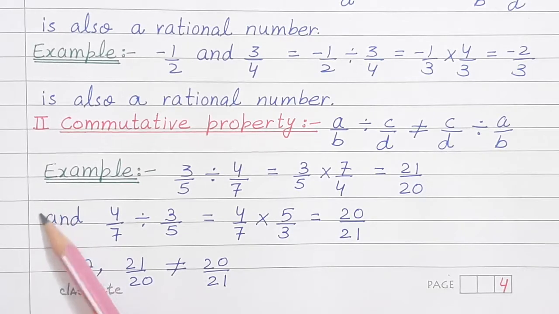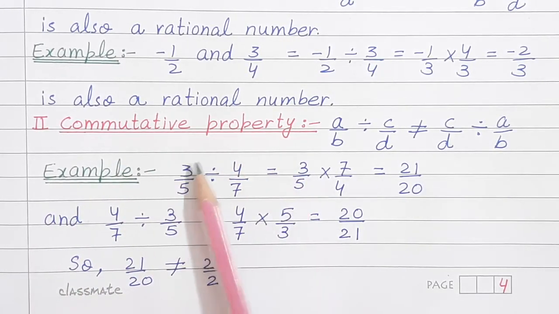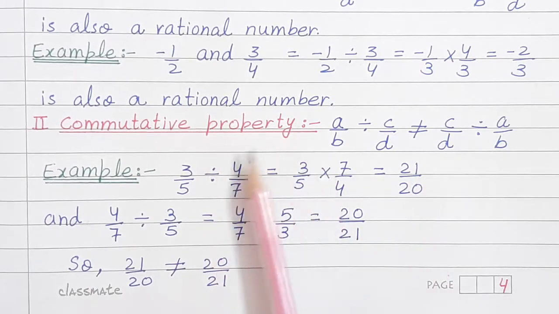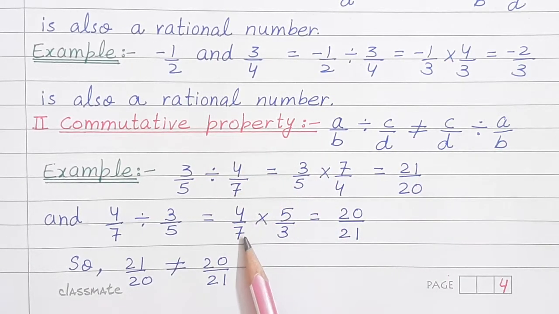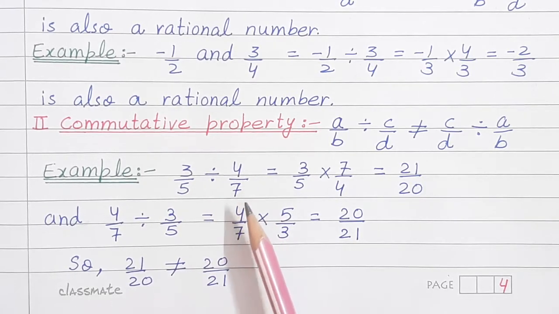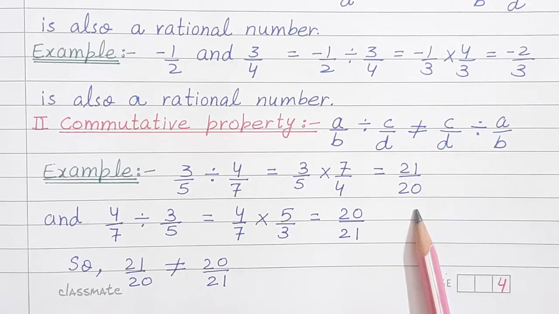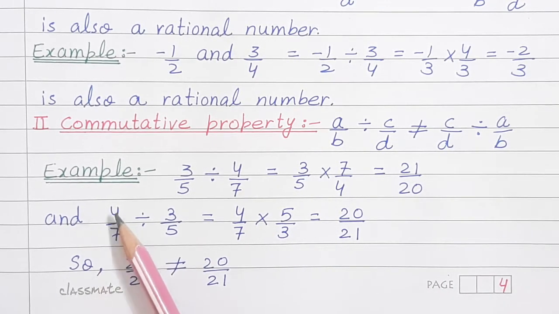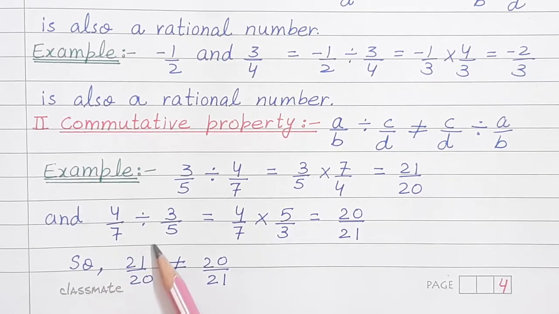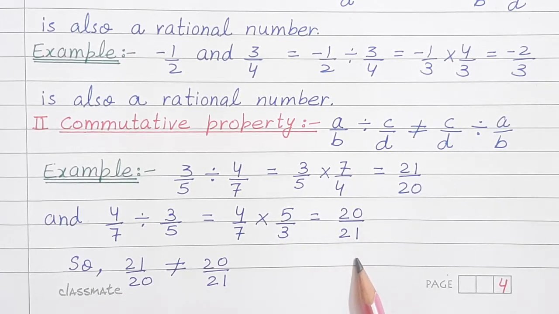Now let us discuss about commutative property. Now here, let us try to understand this with the help of an example. 3 upon 5 divided by 4 upon 5, that is equal to 21 upon 20. Clear? And 4 upon 7 divided by 3 upon 5, that is equal to 20 upon 21.